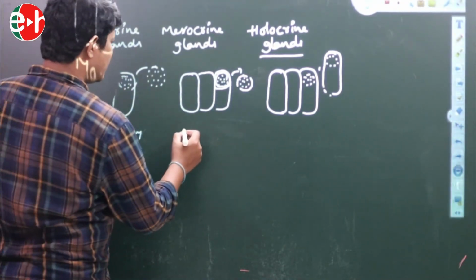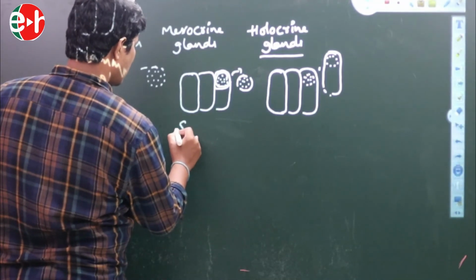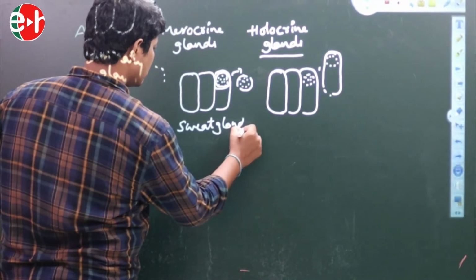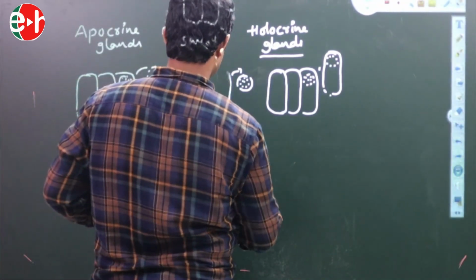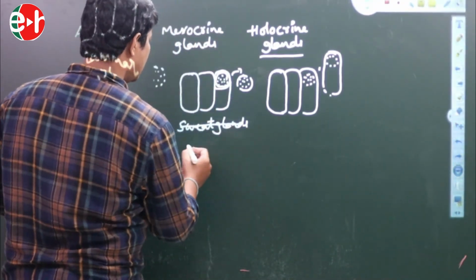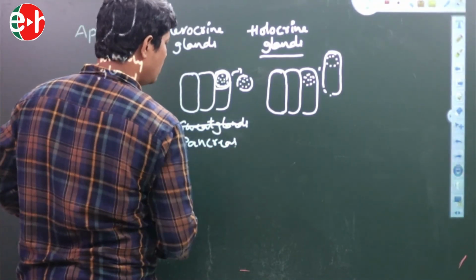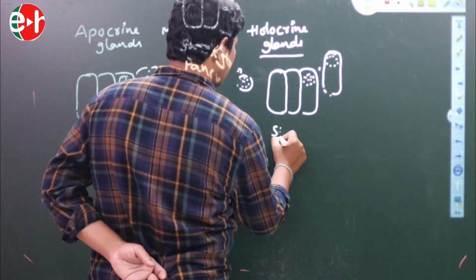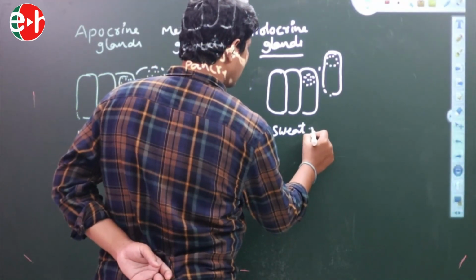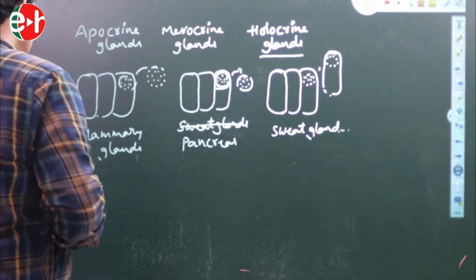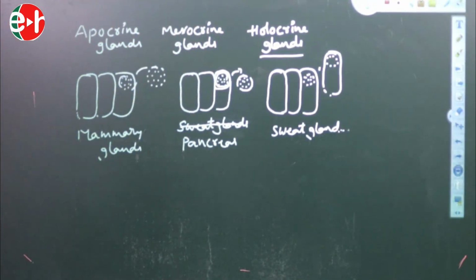And merocrine glands, example, sweat glands. And merocrine glands, example, pancreas. And holocrine glands, example, sweat glands. These are the examples.